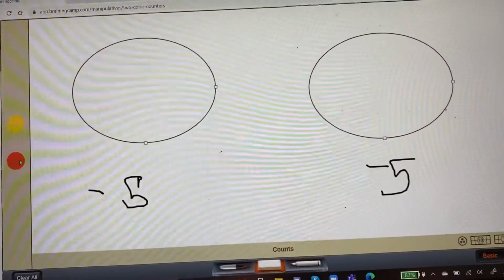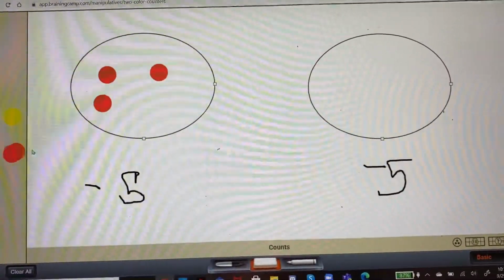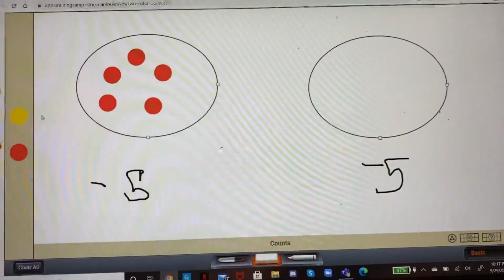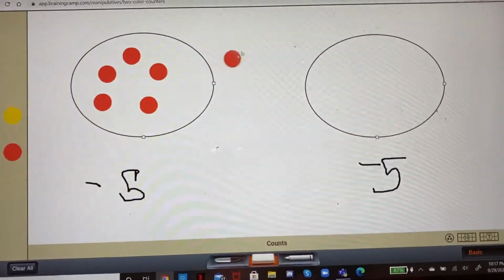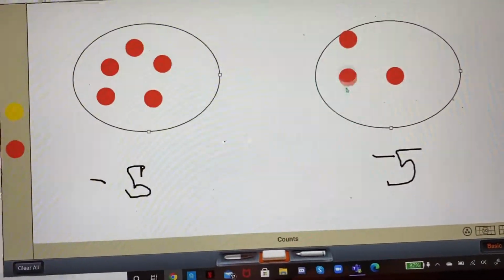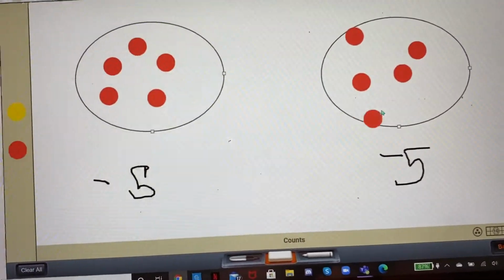And -5, you could model it with 1, 2, 3, 4, 5 negative chips. And for an alternative way, it could be the same as the positive 4. 1, 2, 3, 4, 5 negative chips.